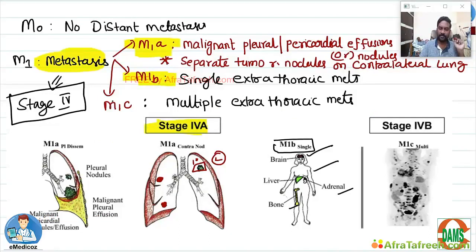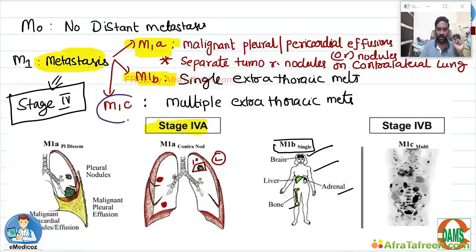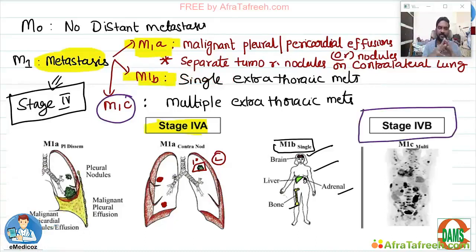If it is M1C, if metastasis is extensive, it should be called stage 4B. So in stage 4B, generally metastasis will be extensive. But for your level, just know stage 4 disease means presence of metastasis. Anything, either M1A, M1B or M1C. Even a single metastatic feature is sufficient to be called stage 4.